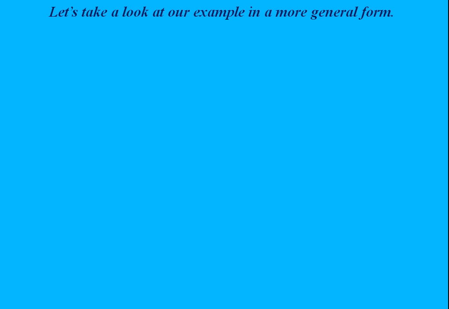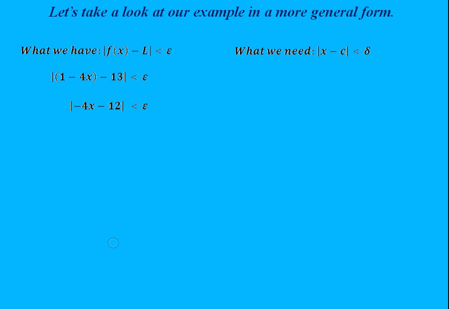So looking at the exact same example, but this time we're going to ignore our error value. We're going to use epsilon as a variable and leave it as a variable, so that way, depending on what I'm making, as the error acceptability changes, I can change that within my formula. So again, what we have and what we need, and we set it up exactly the same way. The only difference this time is that epsilon is remaining a variable.